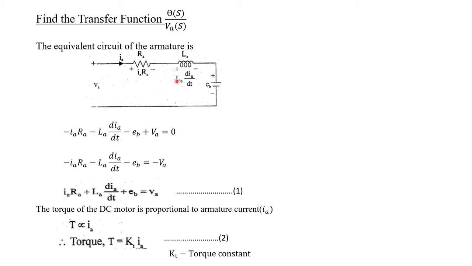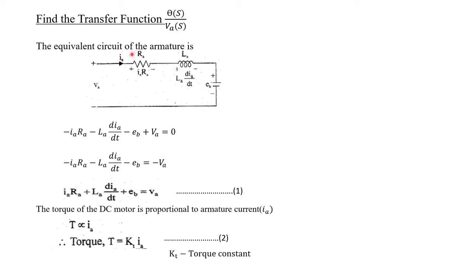Now what about the voltage drop across the inductor? In the first slide I told you L into di by dt. So here the inductor value is LA, and what about the current? IA. So LA into d by dt of IA. This voltage as well as current are all time varying functions, I of t as well as V of t.